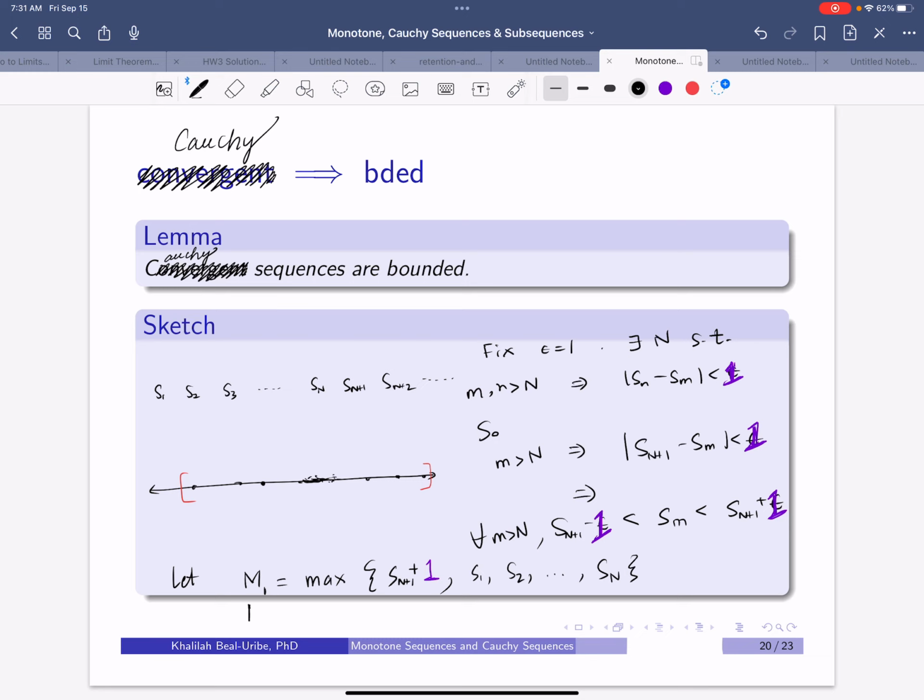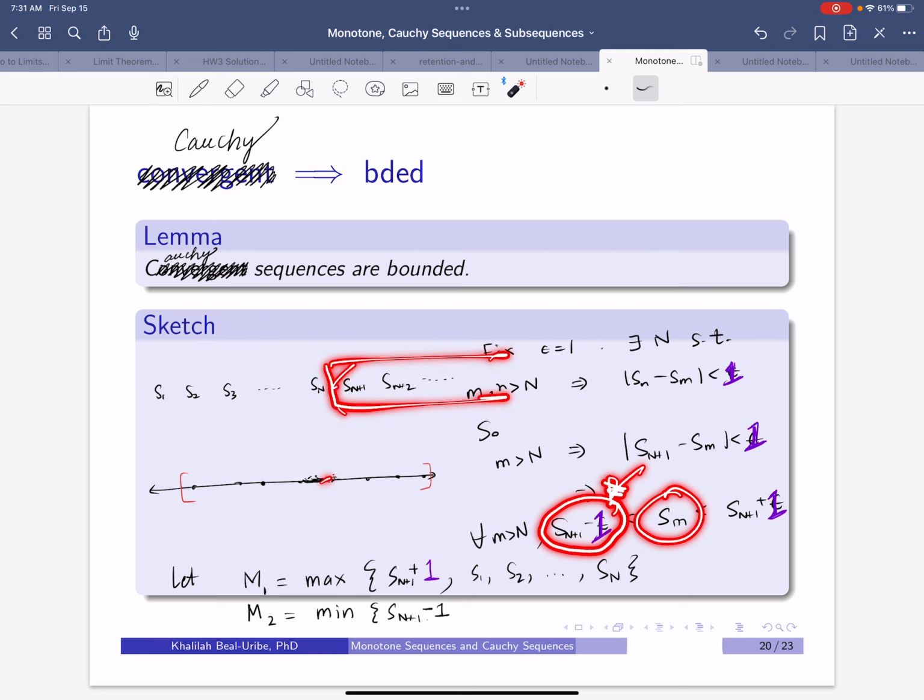And then let M2 equal the min of Sn plus 1 minus 1, because I'm trying to set up a lower bound. So all of my Sm's are bigger than this number here, when m is bigger than or equal to big N. So all these terms are going to be greater than or equal to S sub n plus 1 minus 1.